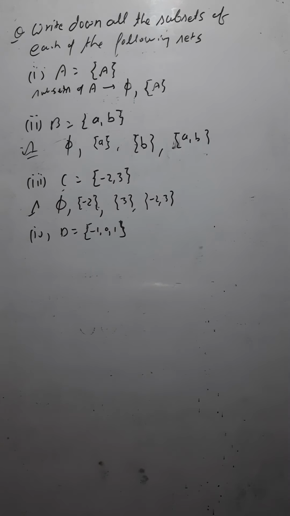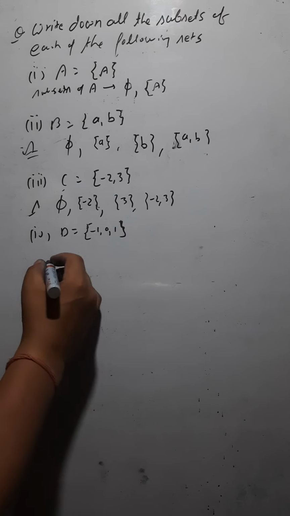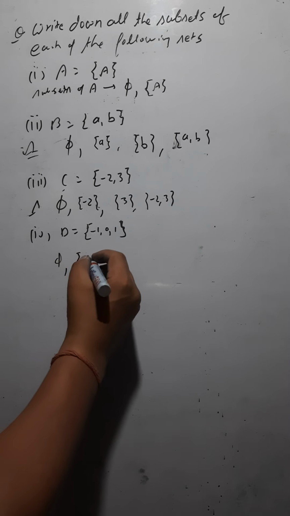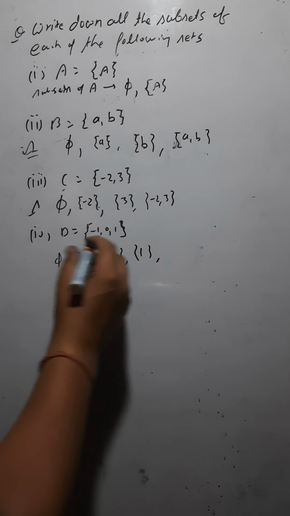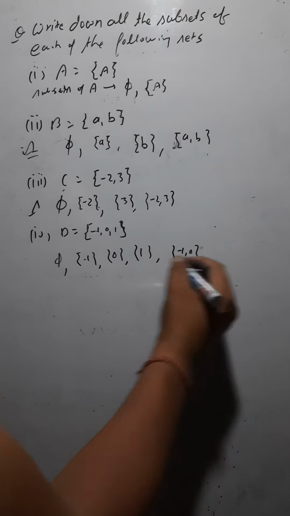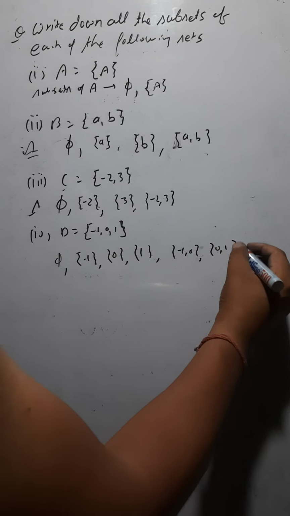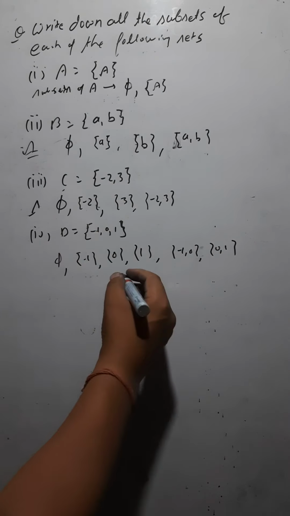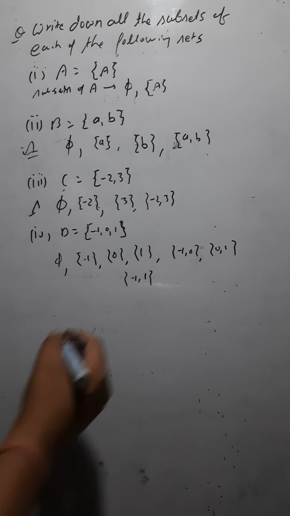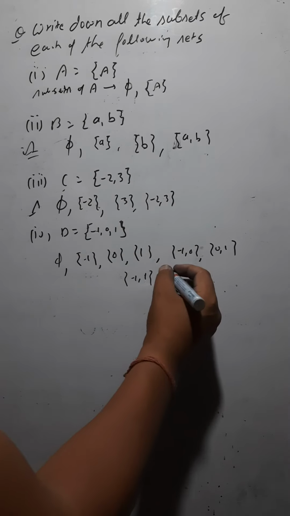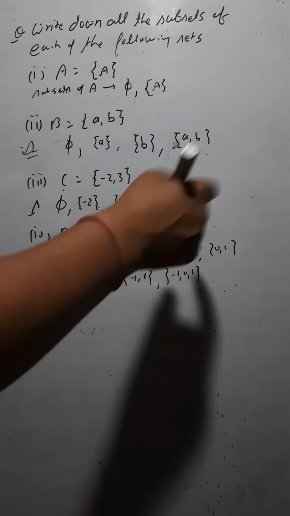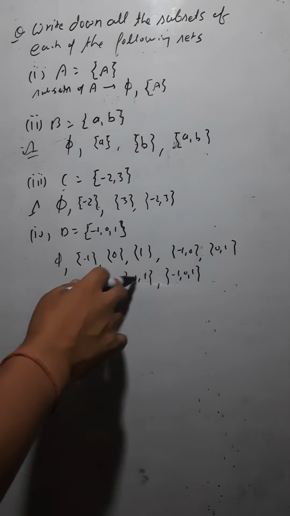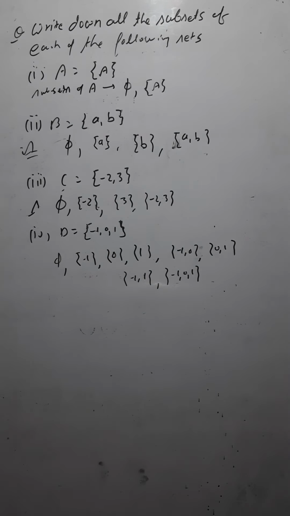So these are all the possible subsets of D. First one would be phi, second one is -1, then 0, then 1, then -1, 0, then 0, 1, then -1, 1 also, isn't it? Then all the 3 elements also you can write, because a set is a subset of itself also. So -1, 0 and 1 you can write. So these are all, how many? 1, 2, 3, 4, 5, 6, 7, 8. So there are 8 possible subsets of the given set D, isn't it?